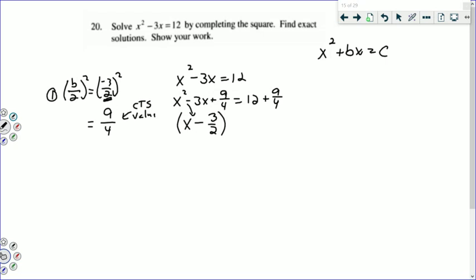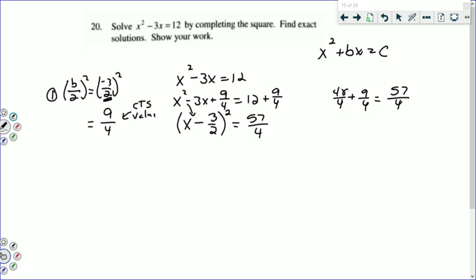But whatever the numbers are that you squared, go right here. And then that whole thing is just squared. Equals. Let's see, so 12 over 1 is equal to 48 over 4, plus 9 over 4. We're looking at 57 over 4. Yeah, that looks about right.